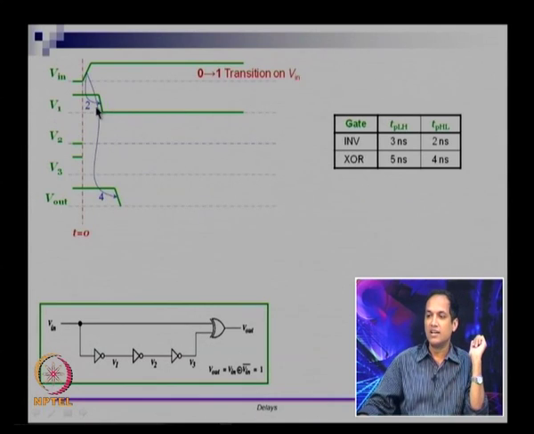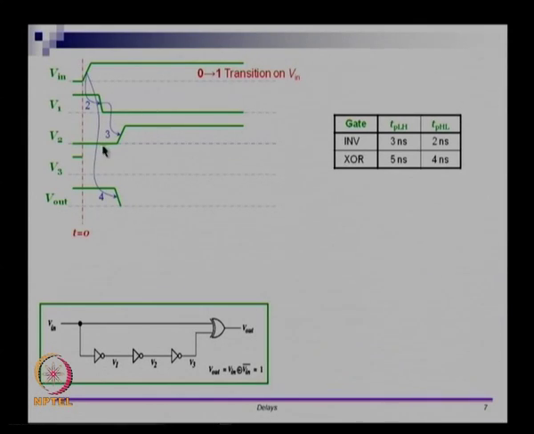Now this inverter has seen a change in its input, so it reacted and its output changed from 1 to 0, which means V2's input is changing from 1 to 0. So V2 will go from 0 to 1, but that is the TPLH delay, it is going from low to high.